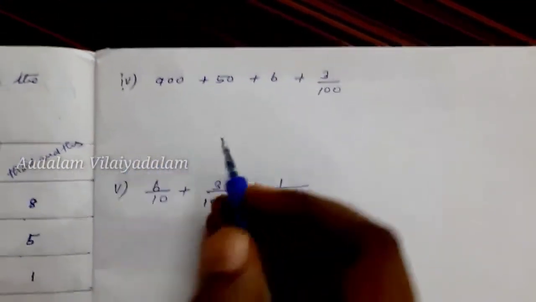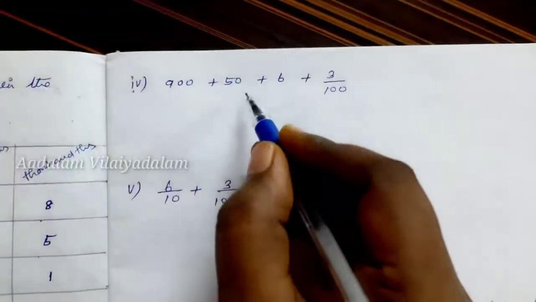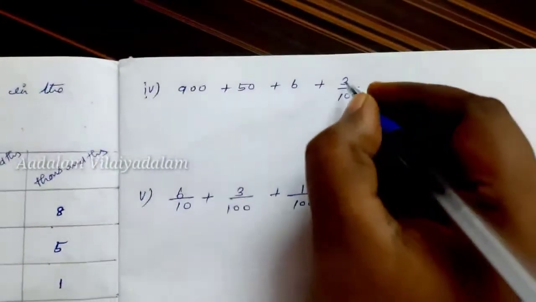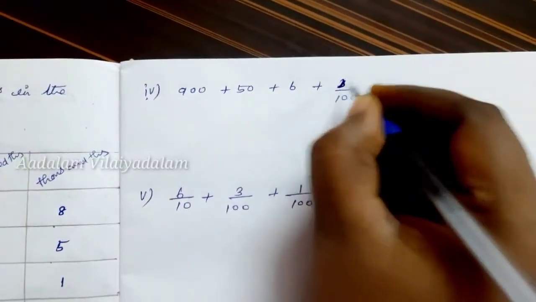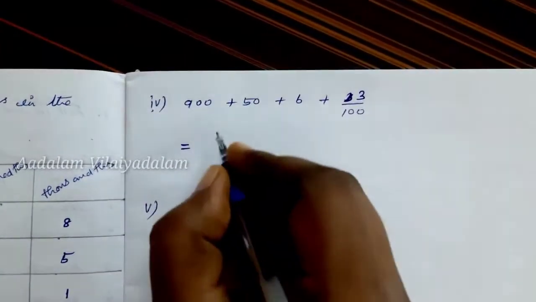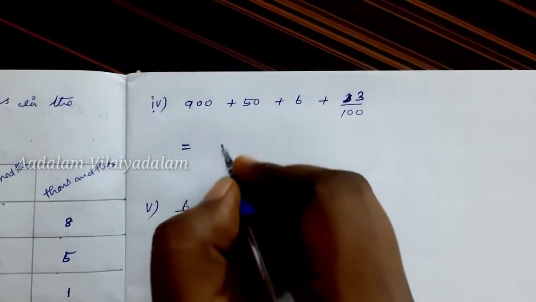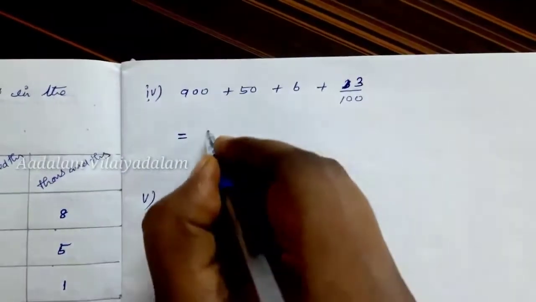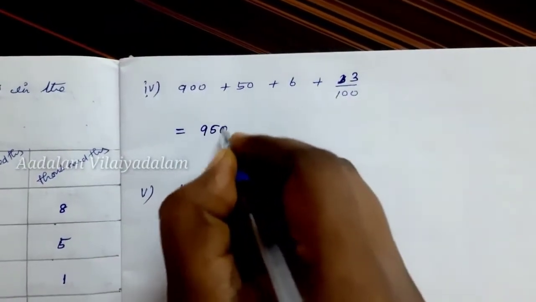Now the fourth question is 900 plus 50 plus 6 plus 3 by 100. Then how can we write the decimal number? So 900 plus 50 we can write 950.